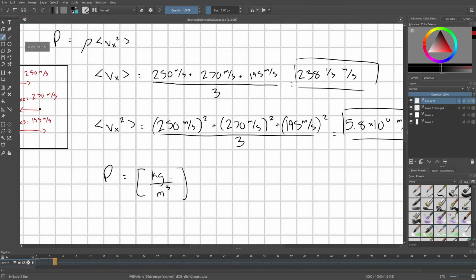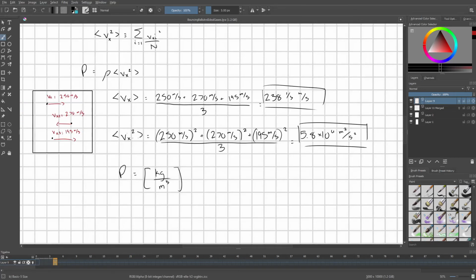And then we have this mean square speed, which has meters squared per second squared, right? And so we would get this cancellation here and have kilograms per meter second squared.